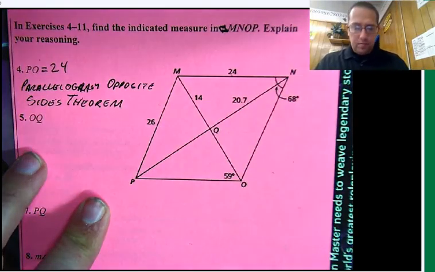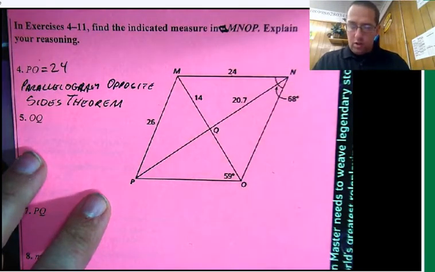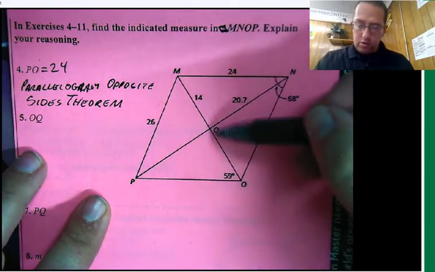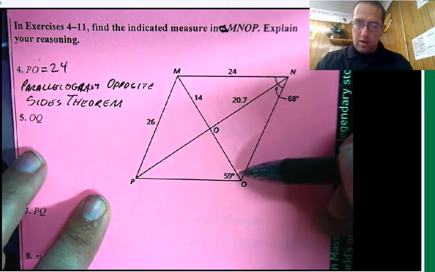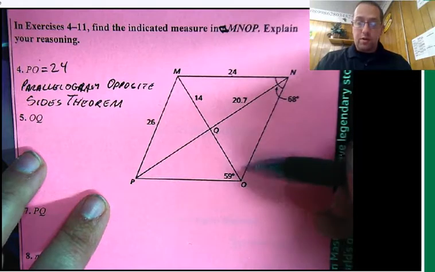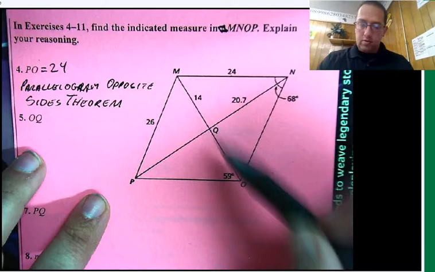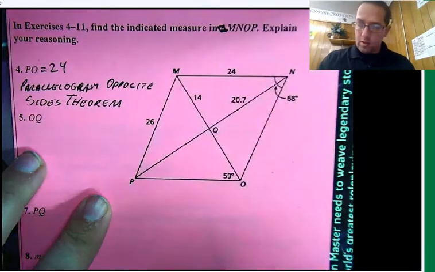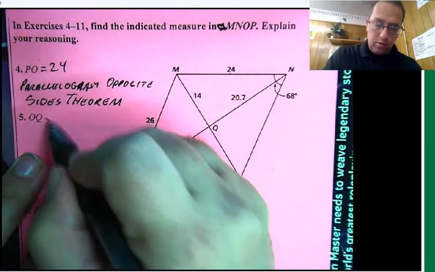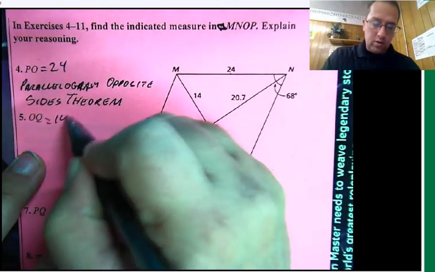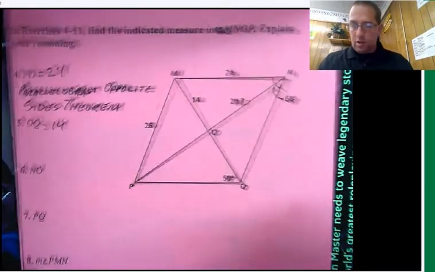All right. Let's try OQ. Let's see, OQ is right here. It's this little piece. Well, that's half of a diagonal, right? Because it cuts both of them in half. So that means it's going to be congruent to that. So OQ is going to equal 14. How do we know?